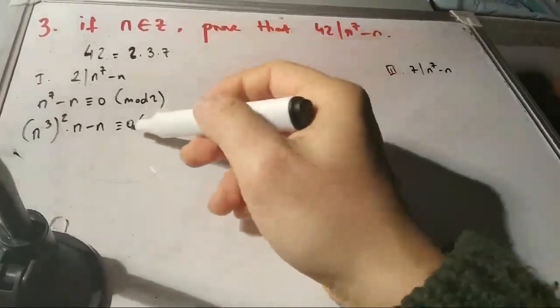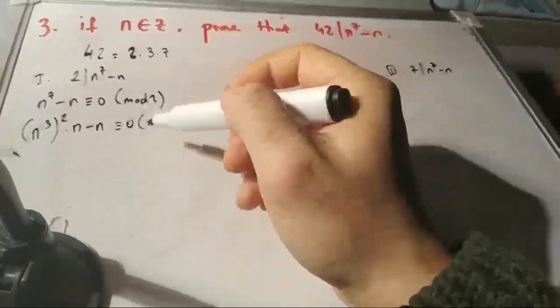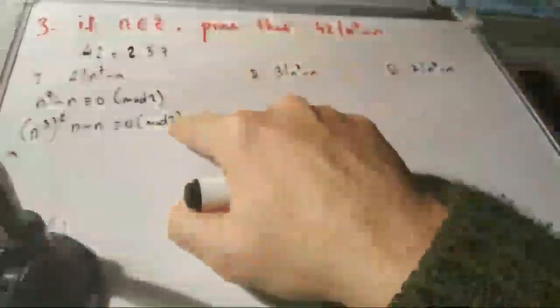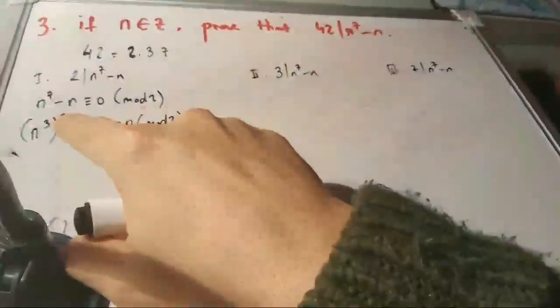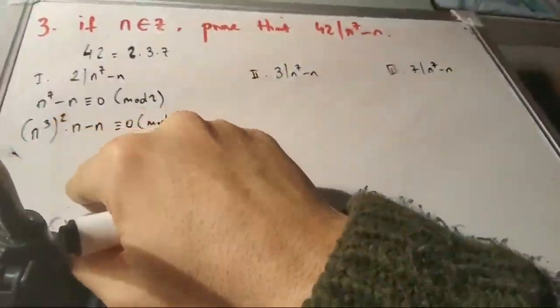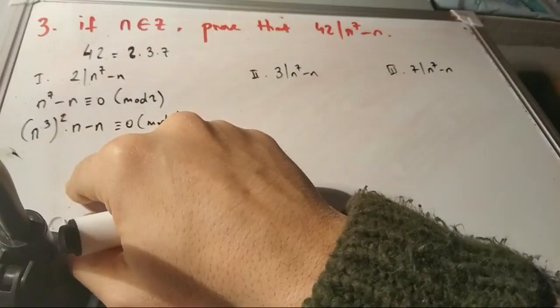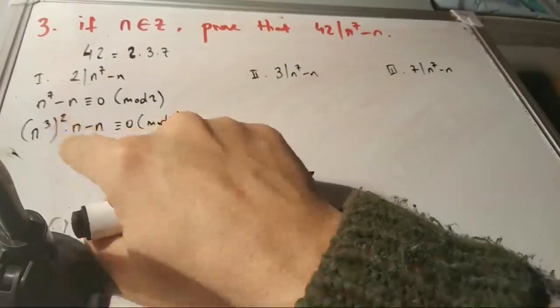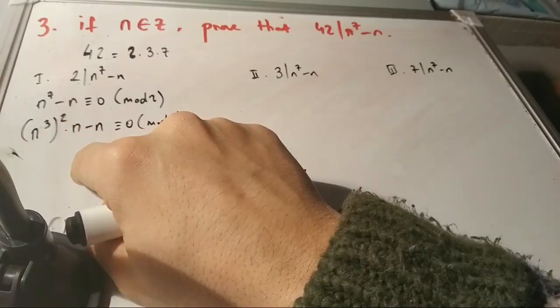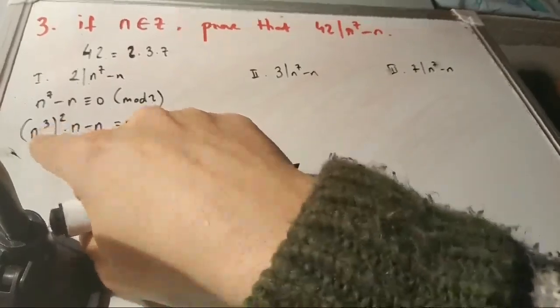So 2 is a prime and the power is a prime. What is the remainder here? n cubed, right? a to the power of p is congruent to a in mod p.